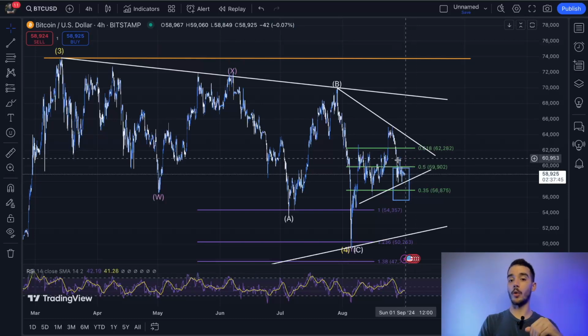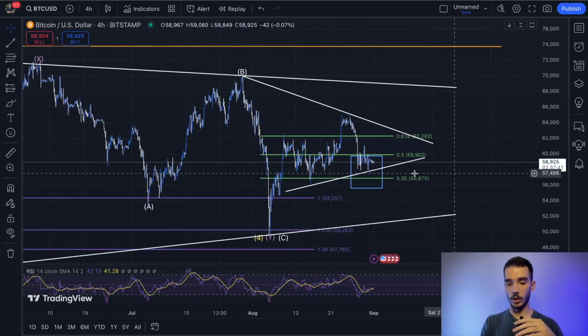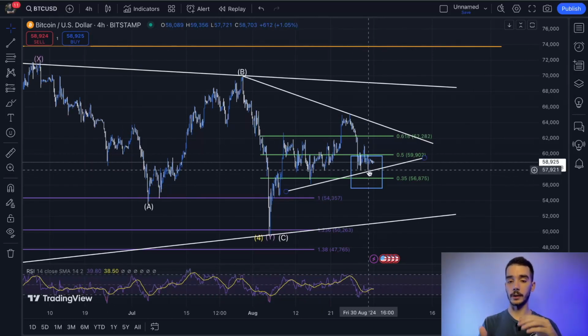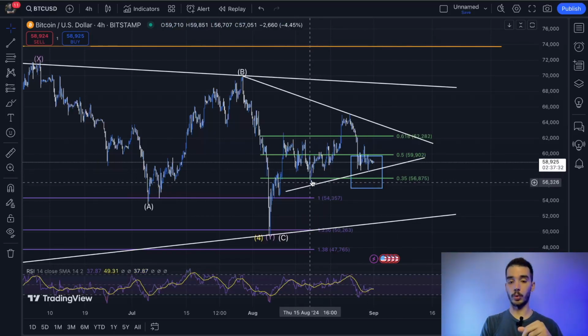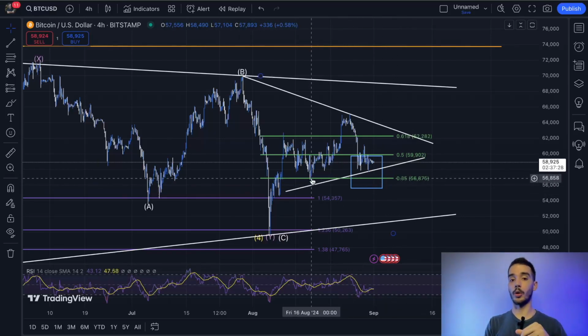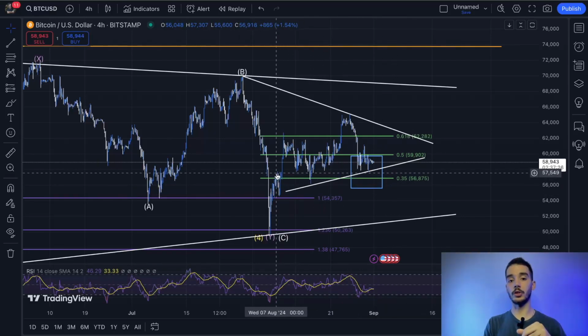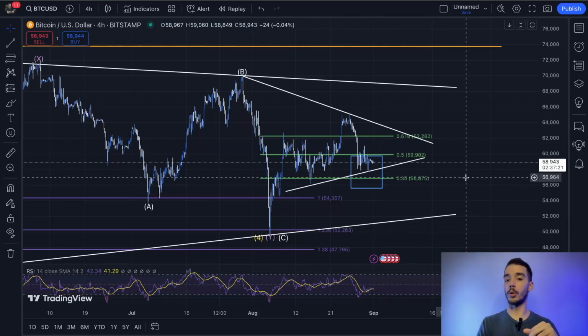There's a lot of overlap in this area, which is making me believe that there is strong support in this area. And of course, it's in the discounted half of the retracement. There's also support right around here as well. The 0.35 right here is a really good support area. It mixes previous resistance that turns into support, and then potentially continued support as well.